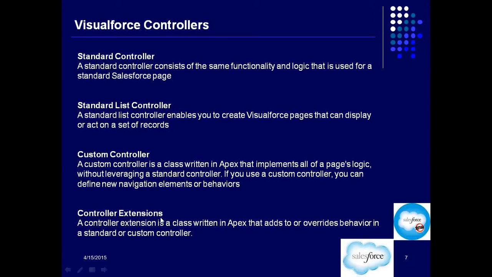If you already have a page which is using any controller, maybe a standard, custom or standard list controller, an extension controller can extend the functionality of that existing controller. This is also a class written in Apex. So the third and fourth controllers are written using Apex. For the first and second, we don't really have to write anything. We just have to call them. That's it.